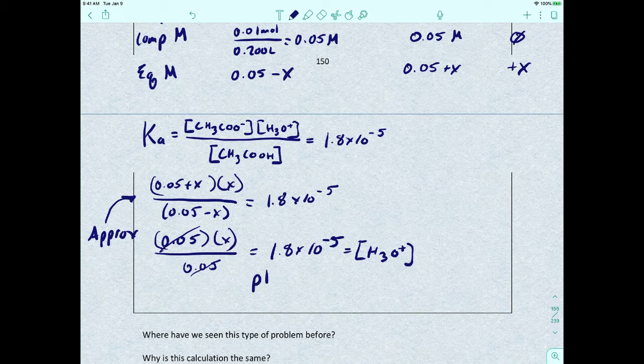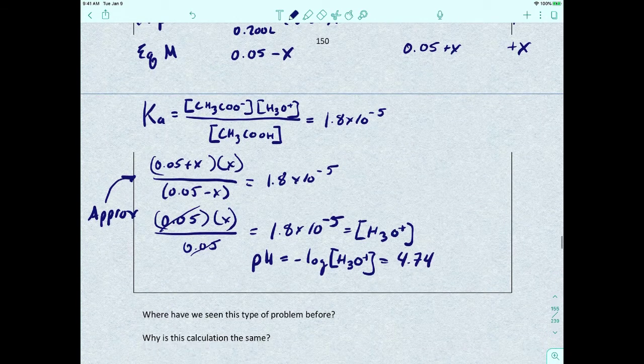And if the pH is equal to the negative log of the concentration of H3O plus, the pH is equal to 4.74. Okay.